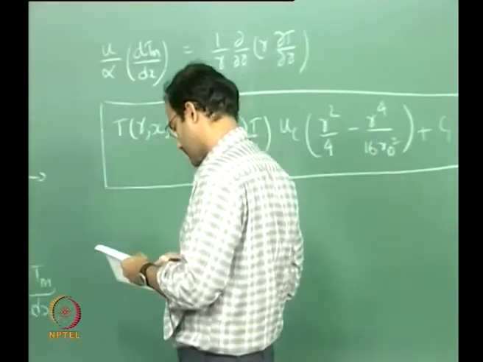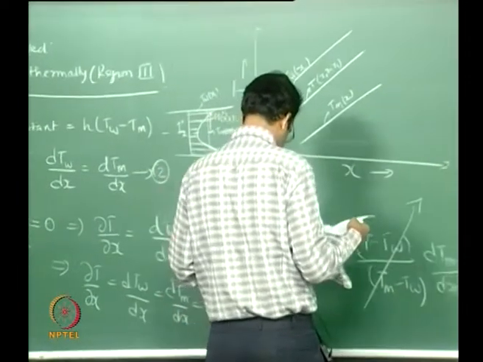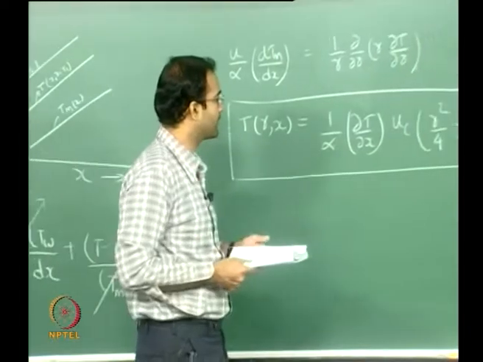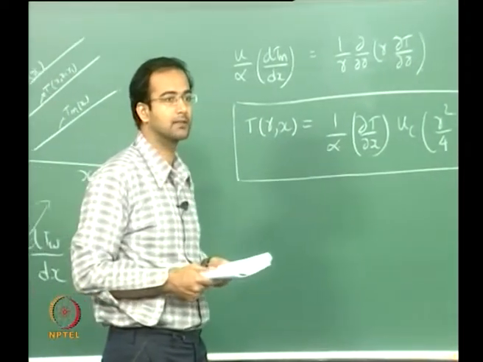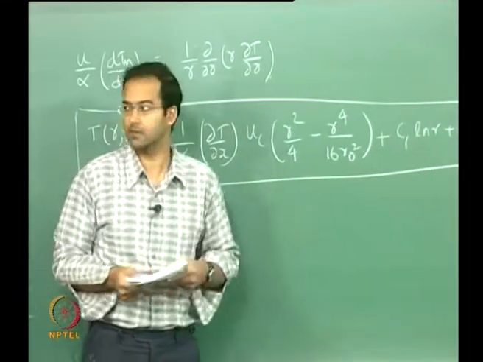So now we have to find the constants C1 and C2, and in order to do that we have to apply boundary conditions. Once again, two boundary conditions are required, okay. So what are the two boundary conditions?